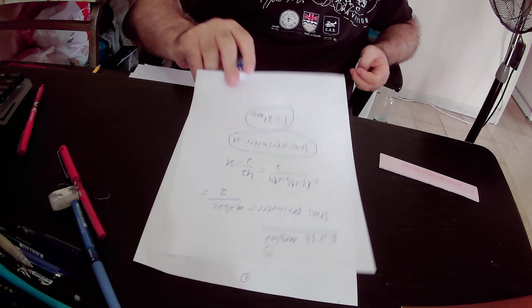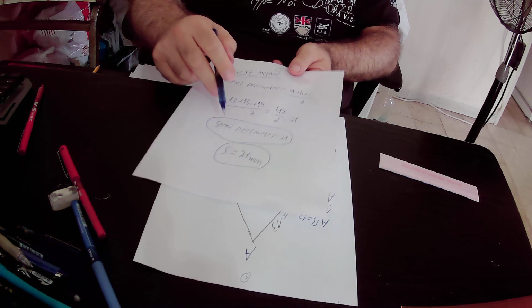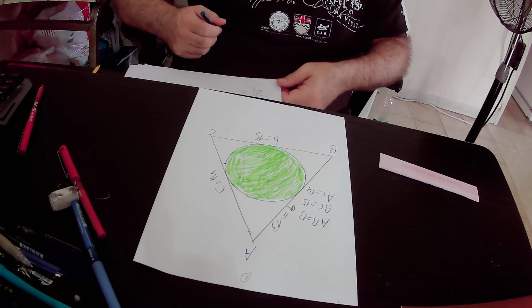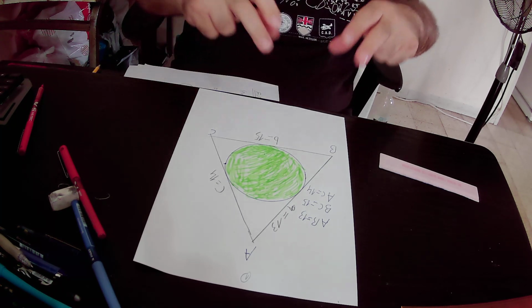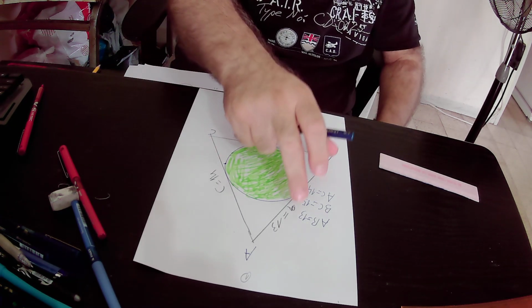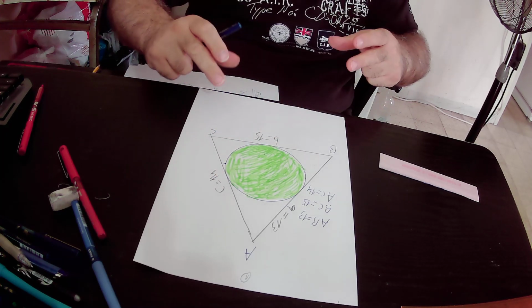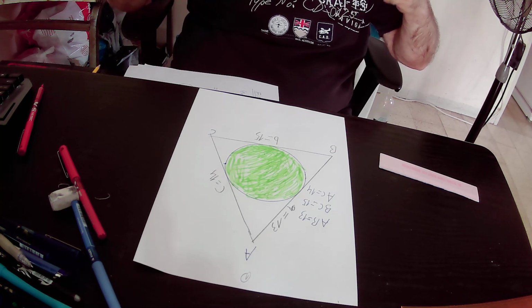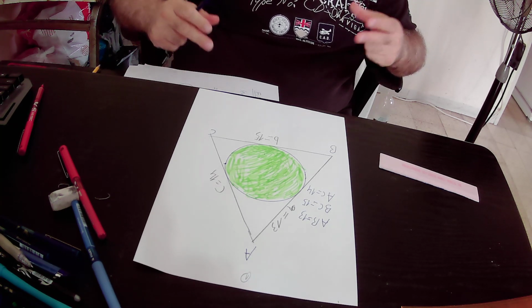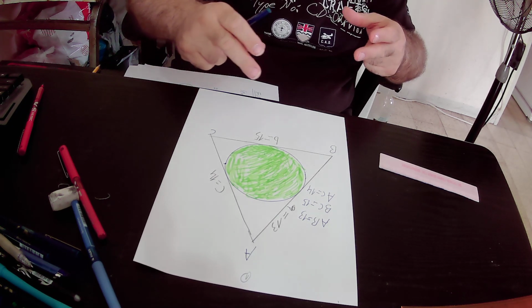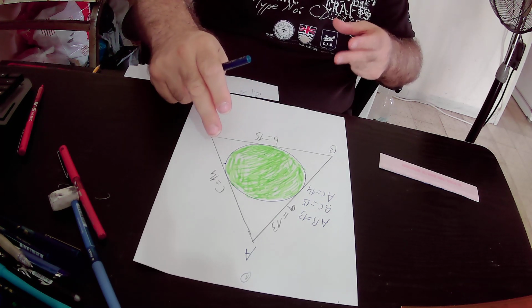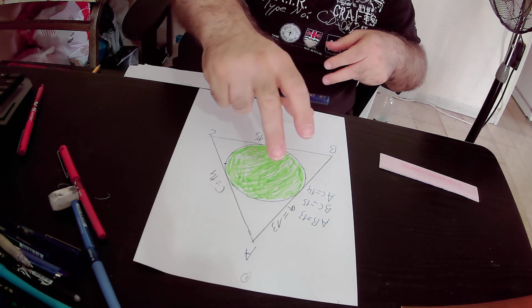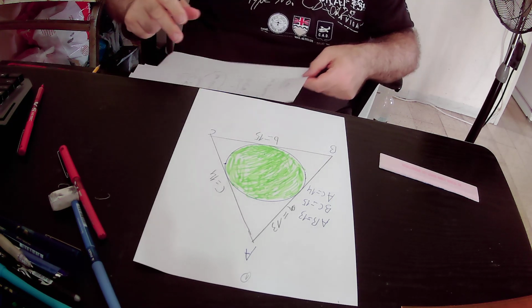That is the definition of the semi-perimeter of a triangle, and in triangle ABC, A plus B plus C is 42 units, over 2 is 21 units.